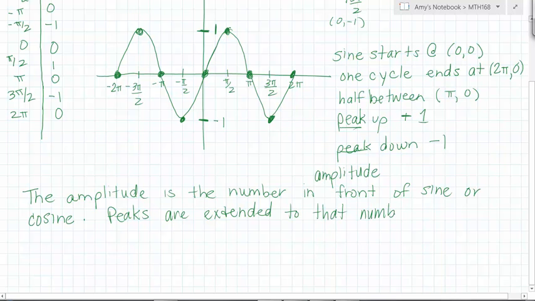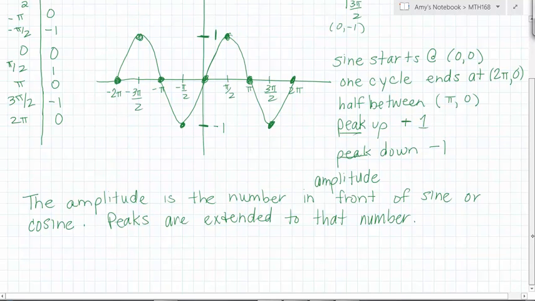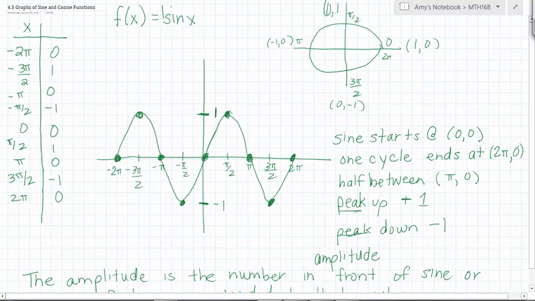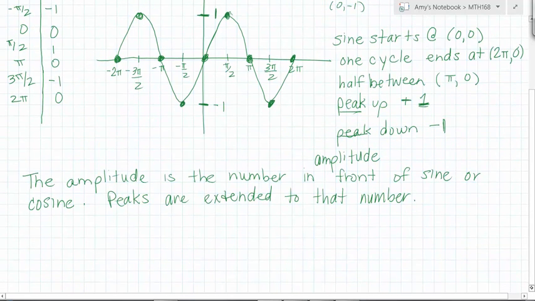So in this function here, it was f of x equals sine x. So you can see that the number in front of sine is 1, and so my peak up is 1 and my peak down is negative 1. If this number right here had been 4, then the peak up would rise up to 4, and the peak down would go down to negative 4.